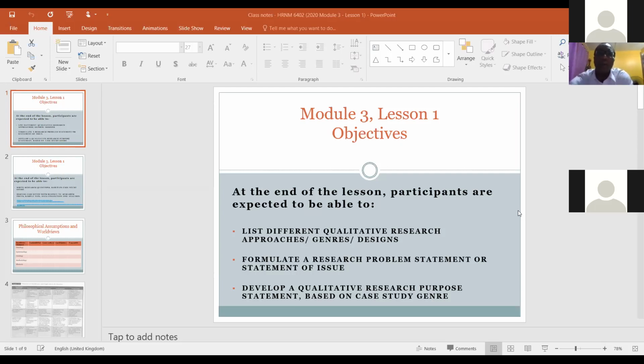But in understanding mixed methods research, it better serves us to be reintroduced to aspects of quantitative research and qualitative research to get a better understanding of what mixed methods research is.